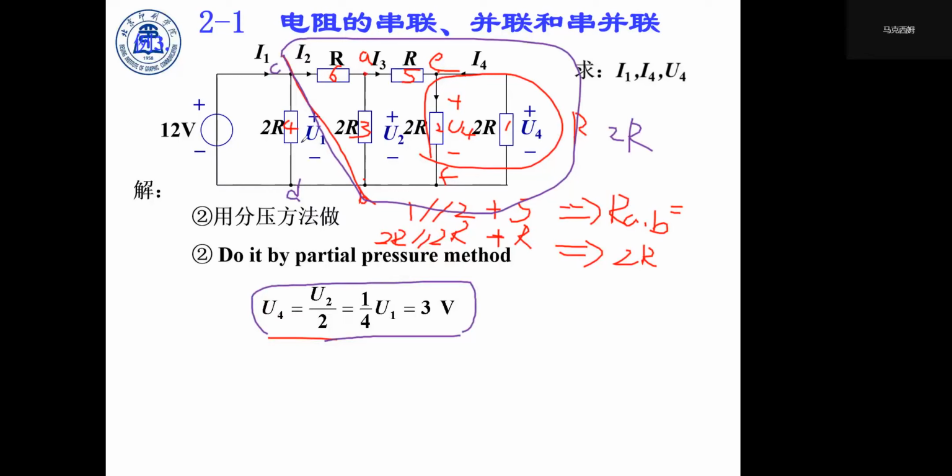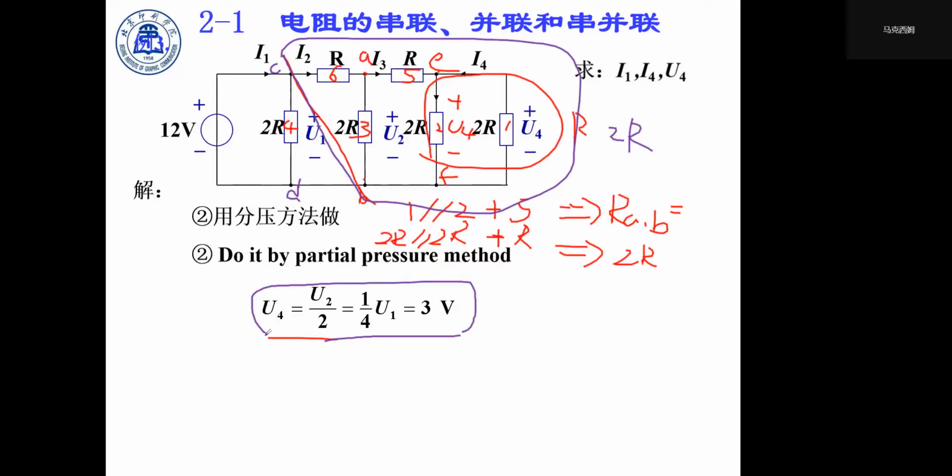We're doing the same stuff as in the first method. In the first method, we calculate the current. In the second method, we calculate the voltage. But both use the parallel connection to series connection transformation, calculating the equivalent resistance over and over again. So we reach the relationship of the voltage between each two points.